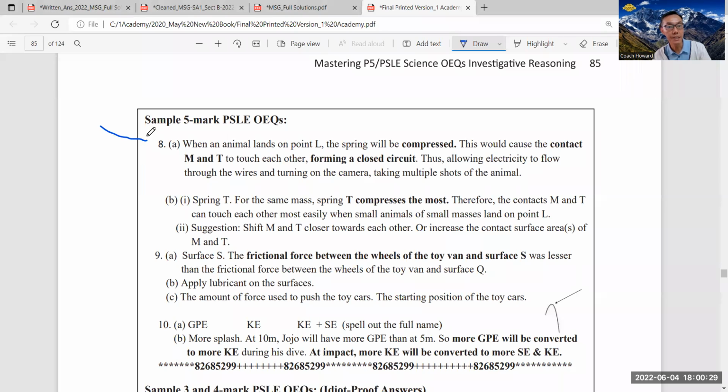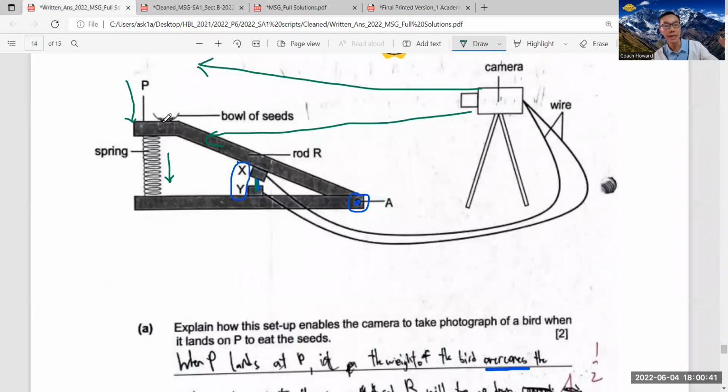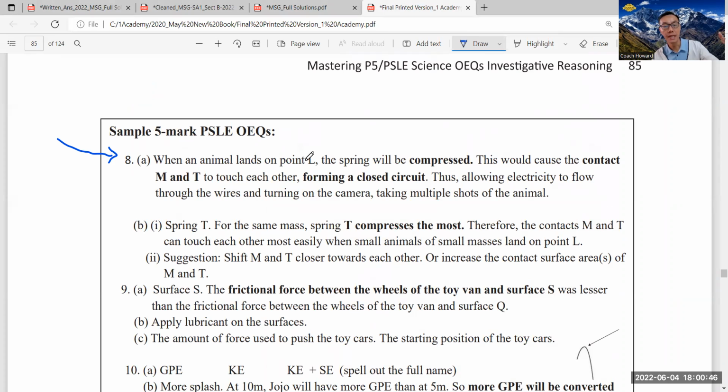Okay, in my book, actually, the answer is quite straightforward. You can see here. So you can use this answer to explain as well. When an animal lands on the point, so in this question, this point, when the bird lands at point P, the spring will be compressed.